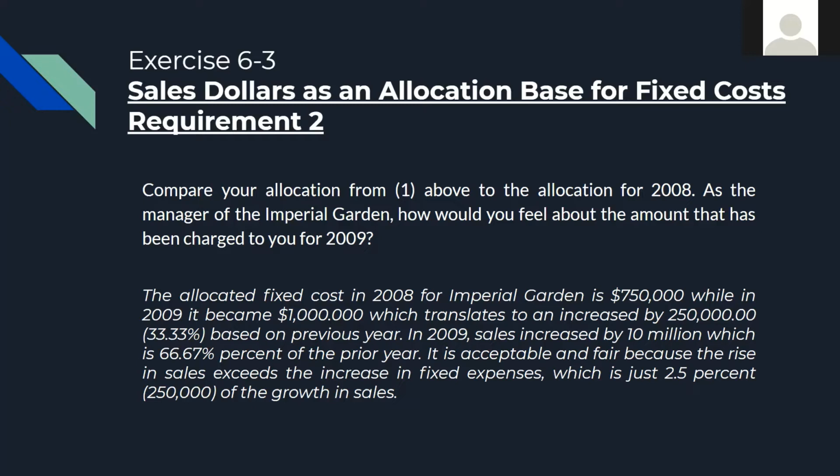In 2009, sales increased by 10 million, which is 66.67% of 2008. It is acceptable and fair because the rise in sales exceeds the increase in fixed expenses, which is just 2.5% or 250,000 of the growth in sales.